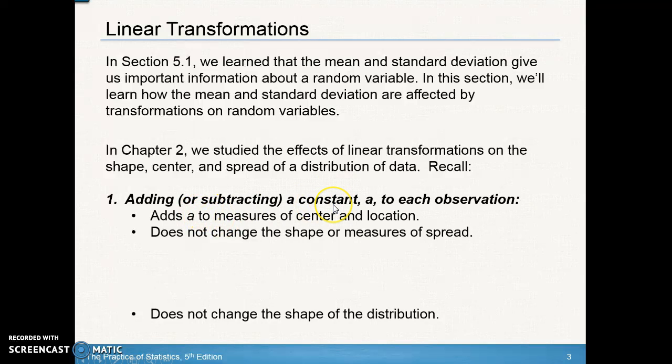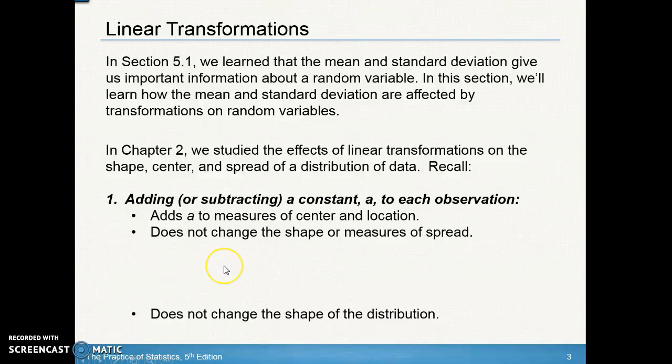If we said, oh, we underestimated it, we need to add 50 minutes to every observation, all that did was add 50 minutes to the mean. If the original mean was 20 minutes and I added 50, it just moved it down the number line to 70. So when we add something, it's literally just moving it down the number line. It didn't change the shape or the measure of spread, because it's basically taking my whole histogram, physically picking it up and moving it down.